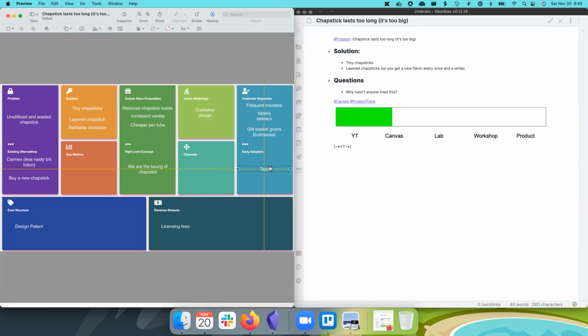Early adopters are chapstick companies. I guess our customer segments may still be, it depends on end customer or initial customer. And then our channel, I don't even know how I would reach them, like trade fairs maybe. No idea.